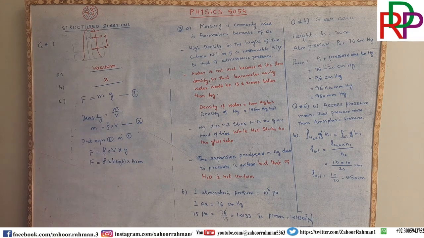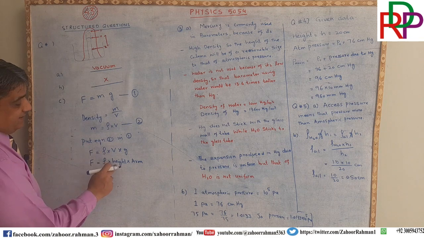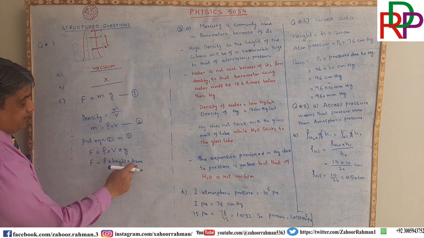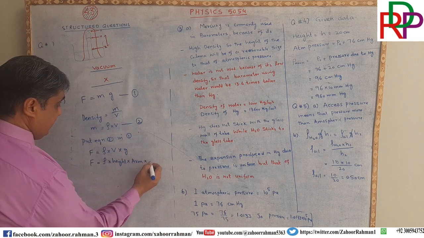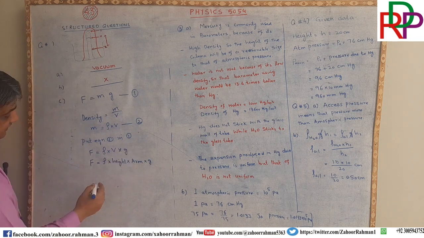This is the formula for the volume of a cylinder, H multiplied by base area, and we will introduce this G on its place.